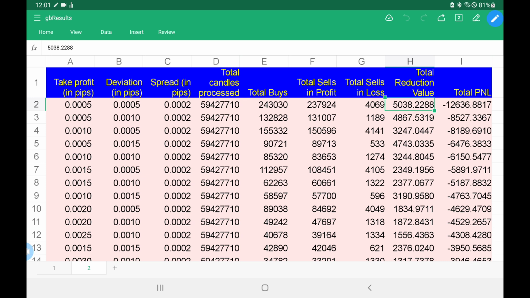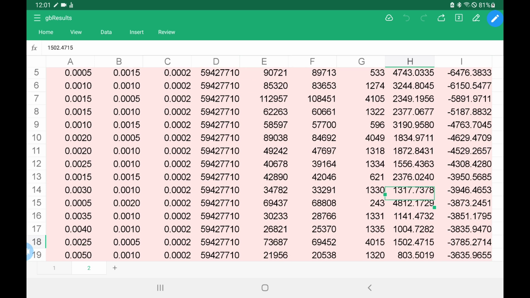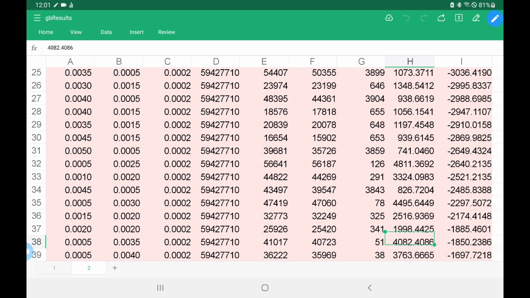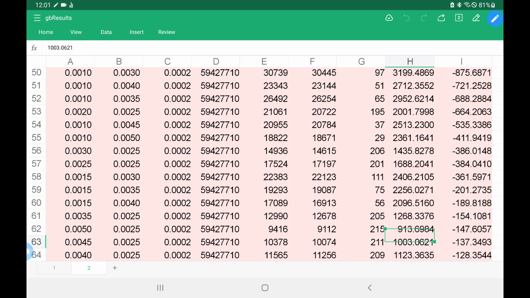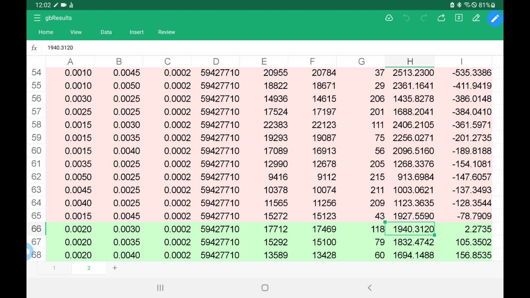So let's go down to where the profits begin and actually take a look as we keep track of these columns. So in looking at the profits, we can see that the account does not turn profitable until we start with a 20 pip take profit.